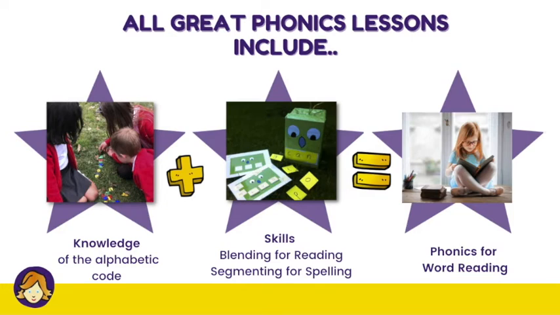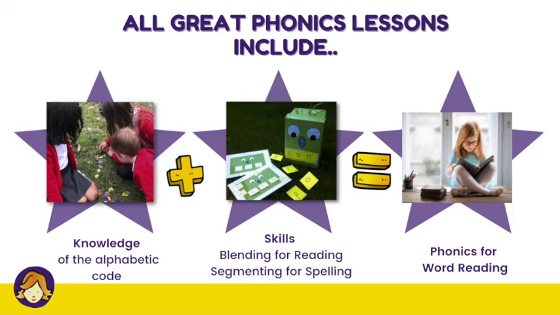Sometimes they're single letter sound correspondences, so an S making a S sound. Sometimes it can be 2 letters making one sound, so an O and a U in the word out. Or it could be 3 letters making one sound, like an IGH making an I sound. But that's primarily the first part of any phonics lesson.